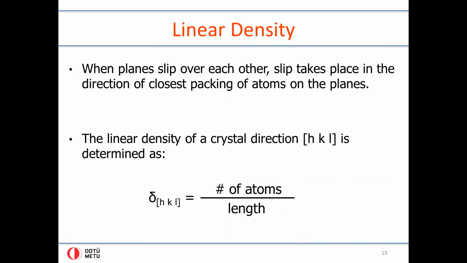So now we had said that the number of atoms along a direction, or the number of atoms within a plane that fall within the plane, is of importance. So similar to atomic packing factor that we described in the previous set of slides, here we can describe a concept of density, but in one dimension, because it is along a direction or it is along a line.